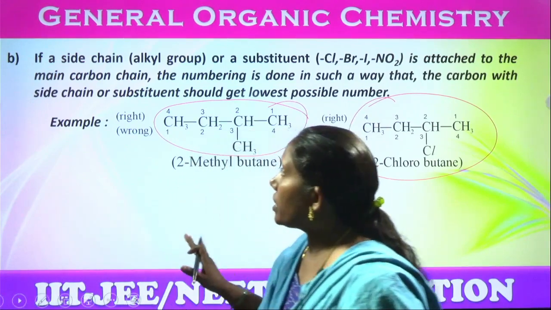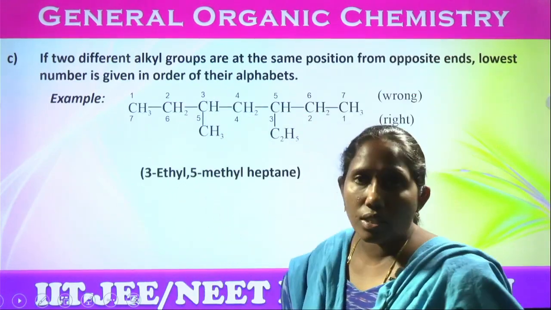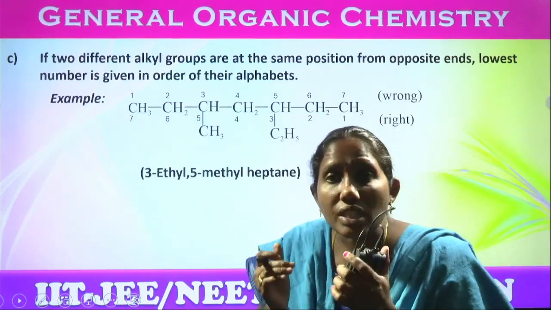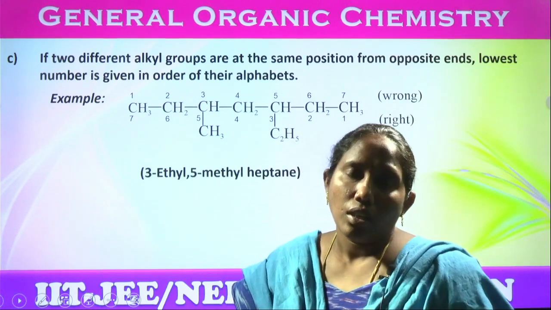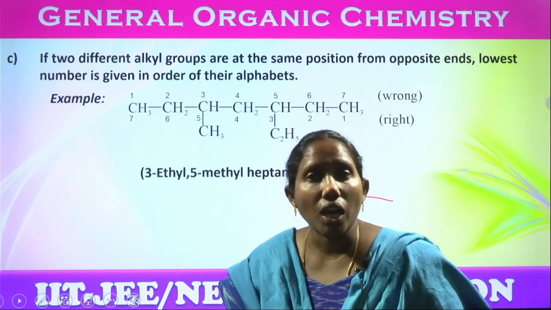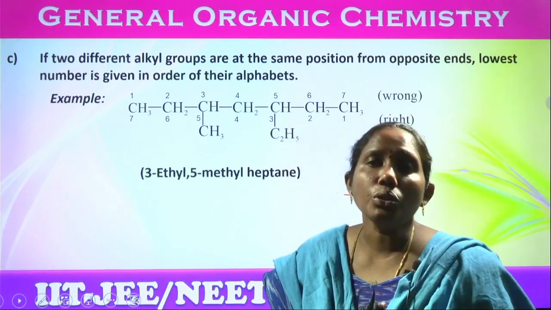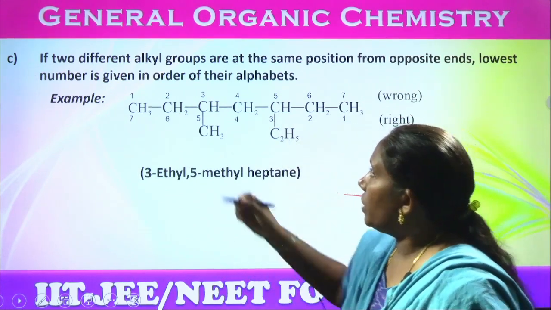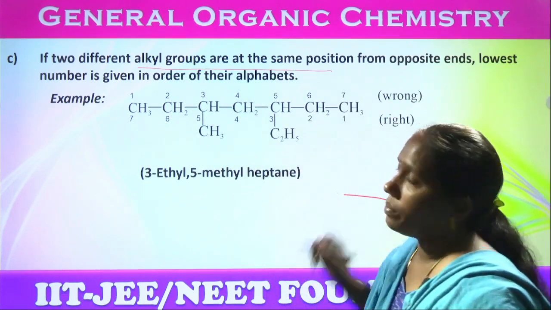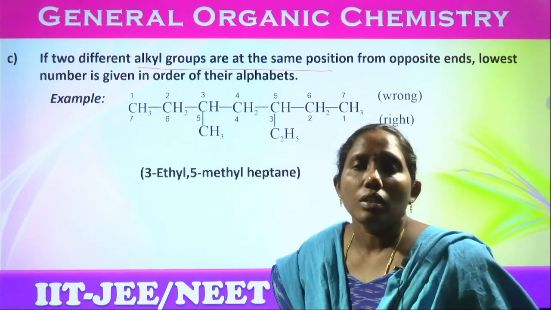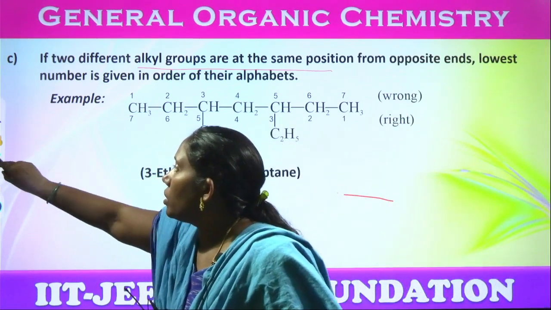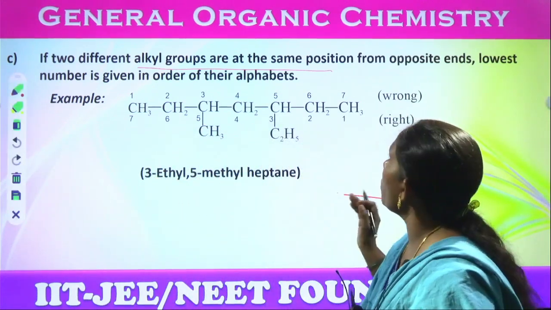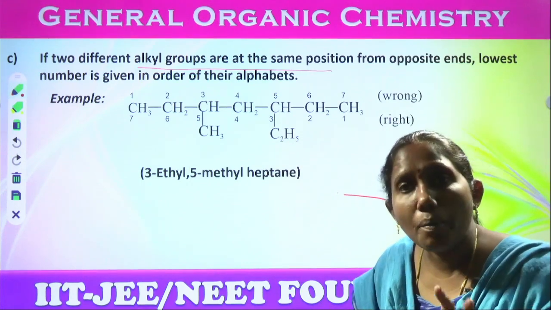Now the next point in the lowest sum rule. If 2 functional groups are present in the given organic compound, how to name that? If 2 different alkyl groups are present in the given compound, then we have to name the compound in alphabetical order.